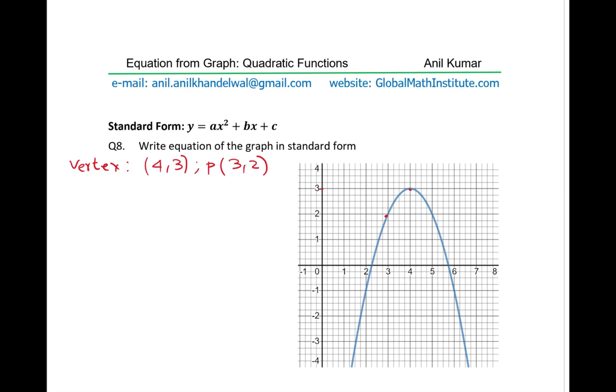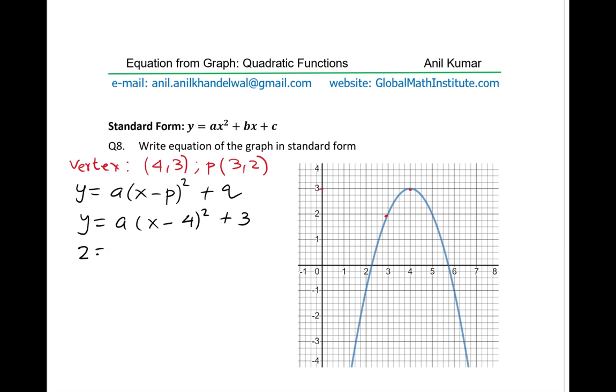We can write the equation in the vertex form, which is y equals a times (x minus p) whole square plus q, or y equals a times (x minus 4) whole square plus 3. We'll use the point 3, 2 to find the value of a.